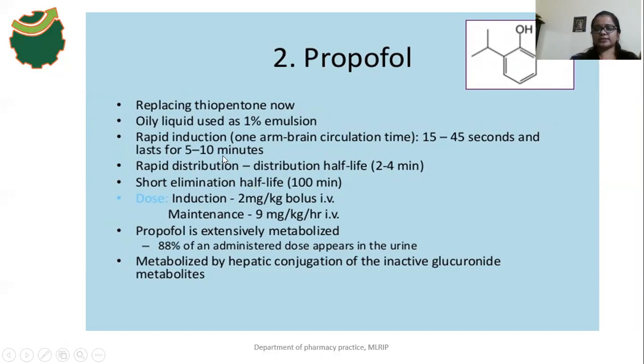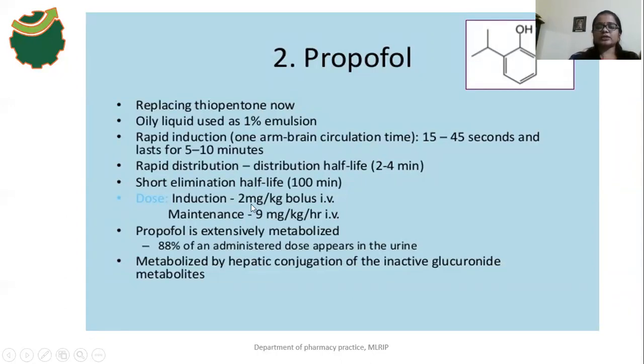to 10 minutes. The distribution half-life of propofol is 2 to 4 minutes, and the elimination half-life is 100 minutes. The propofol dose for induction is 2 mg per kg IV route, and the maintenance dose is 9 mg per kg per hour IV infusion route.